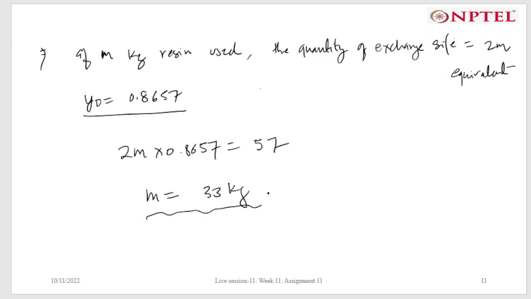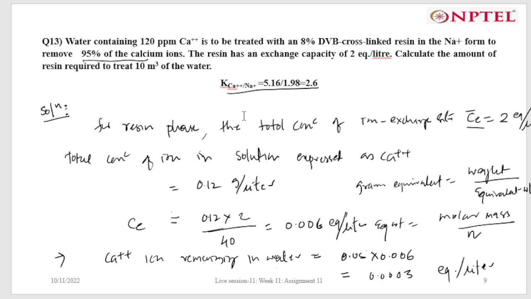All of you got this one? Yes, sir. Means 33 kg of resin is used to treat 10 meter cube of the water.